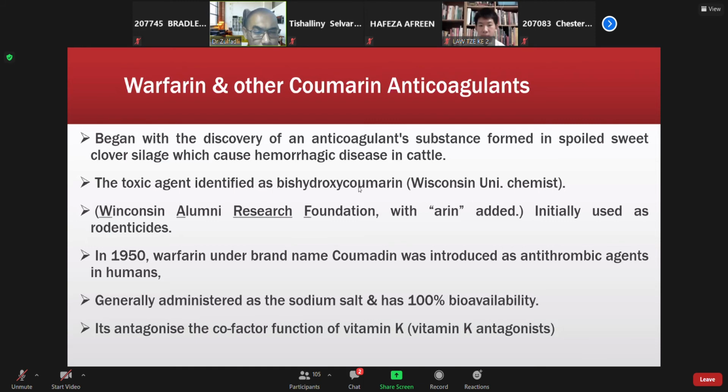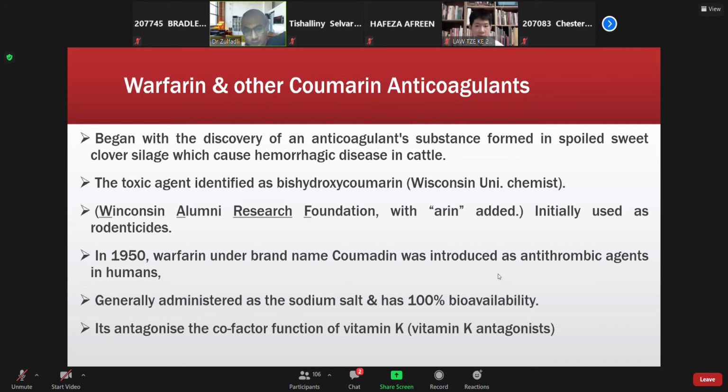So this warfarin is derived from the coumarin compound. Okay. Warfarin stands for Wisconsin Alumni Research Foundation. Initially used as a rodenticide. In 1950, warfarin under the brand Coumadin was introduced as an antithrombotic agent in humans.